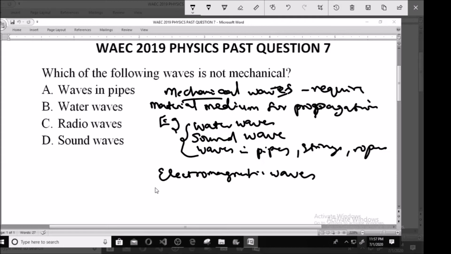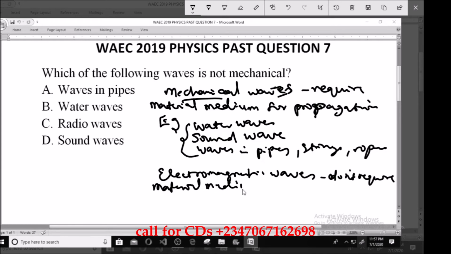Because of that, all of them are known as mechanical waves. Then now let's look at electromagnetic waves. Here they do not require any material medium for them to be transmitted. They don't need it. So in other words, they can travel through vacuum.